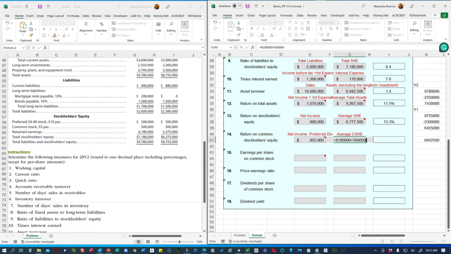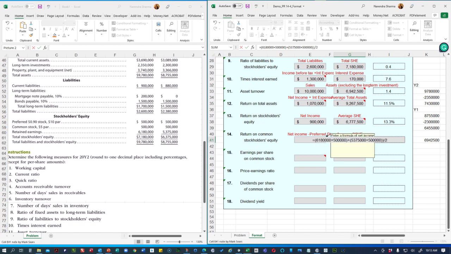Now we'll have to put a parenthesis, and then we plus, and then we put another parenthesis, and the whole is divided by 2.